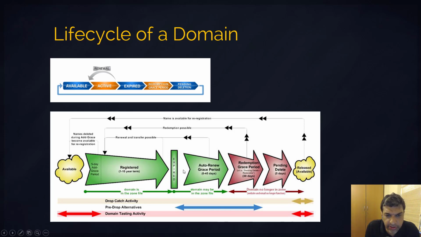let's say it's expiring on a particular date, right? And the owner of the domain is not aware that it's expiring. What happens is it goes into a grace period of 0 to 45 days, and in this grace period it still belongs to that owner and it's not being auctioned or anything as yet.